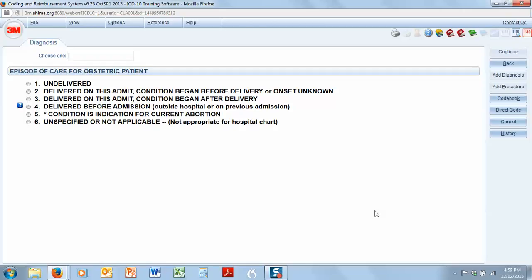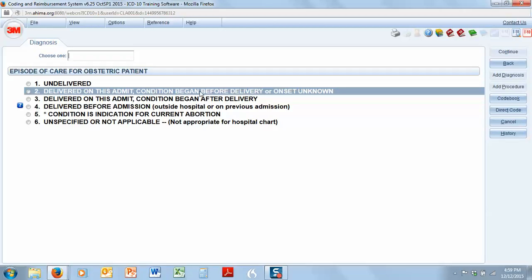Delivered before admission? Well, that's a no, right? Condition is indication for current abortion? That's a no. Or unspecified or not applicable? Well, let's look at number 2 and number 3. Delivered on this admit, condition began before delivery or onset unknown. Delivered on this admit, condition began after delivery. We know that because she was admitted for preeclampsia, that very obviously the condition began before delivery, right? So we're going to pick 2.